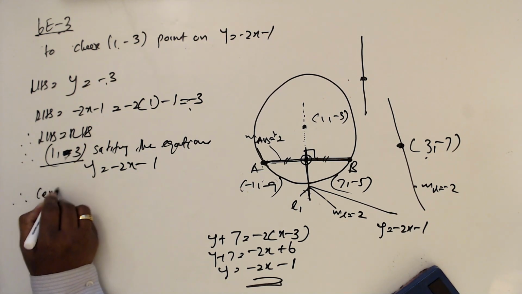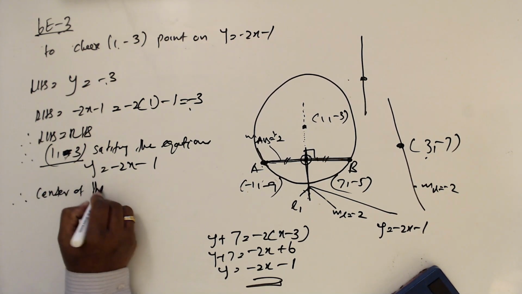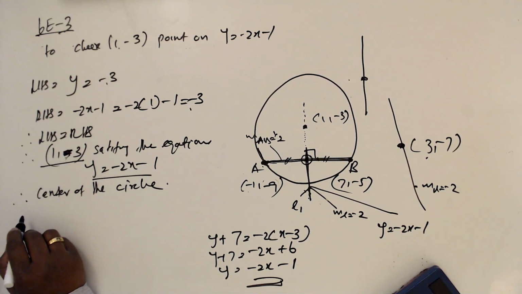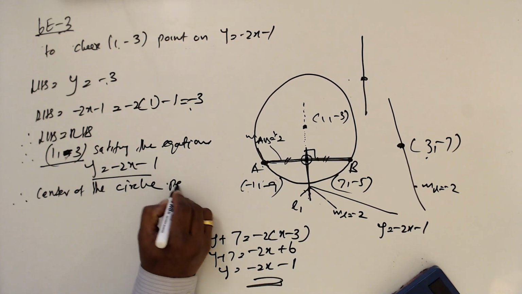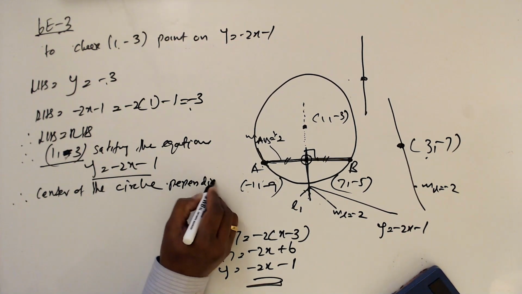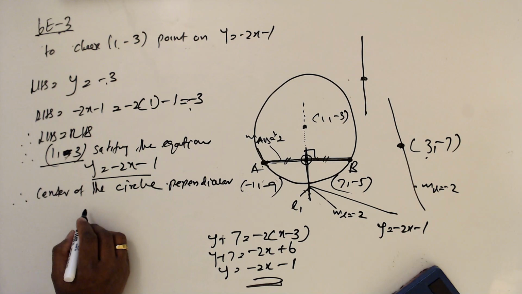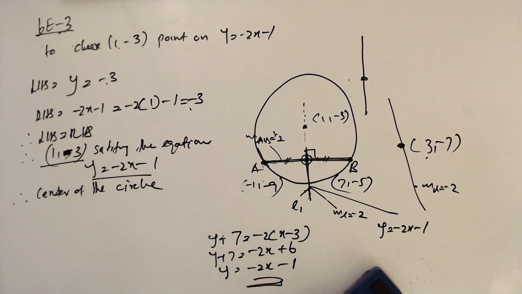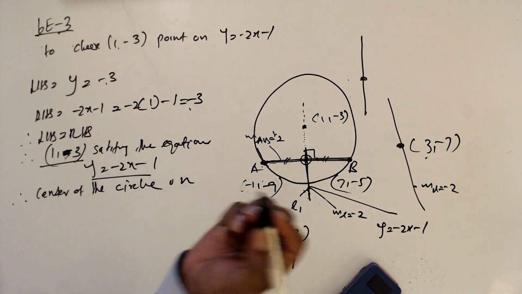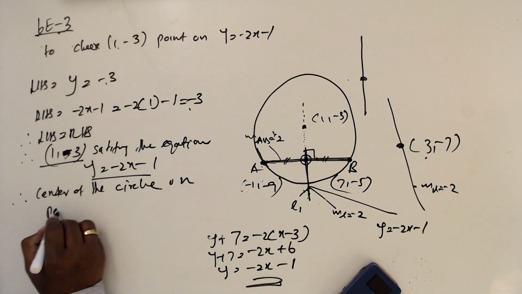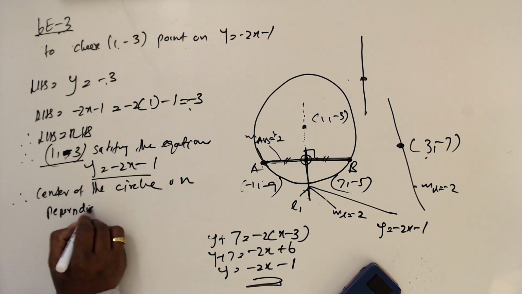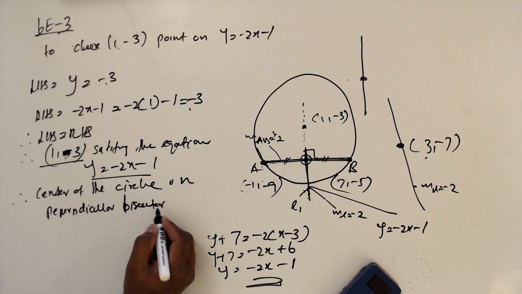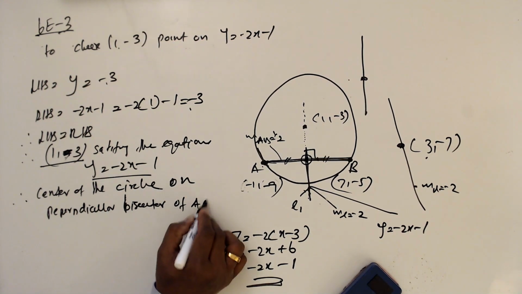Hence, the center of the circle. What is this? y = -2x, the perpendicular bisector. Hence, the center of the circle is on the perpendicular bisector of AB.